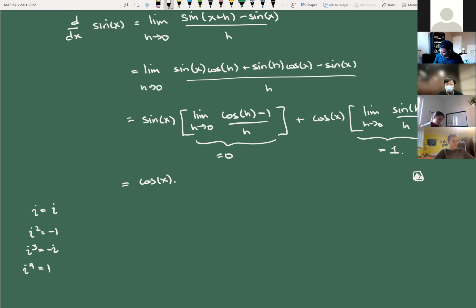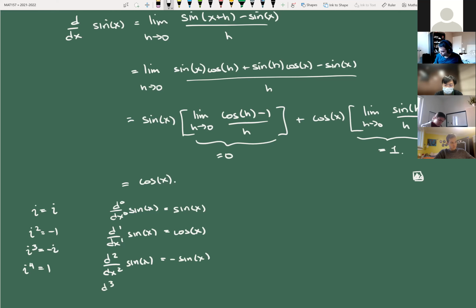We have something interesting happen here. Let's say I take the 0th derivative of sine x, namely I don't take any derivatives. So I get sine x. If I take one derivative of sine x, I get cos x. If I take 2 derivatives, I get negative sine x. And if I take 3 derivatives, I get negative cosine x.